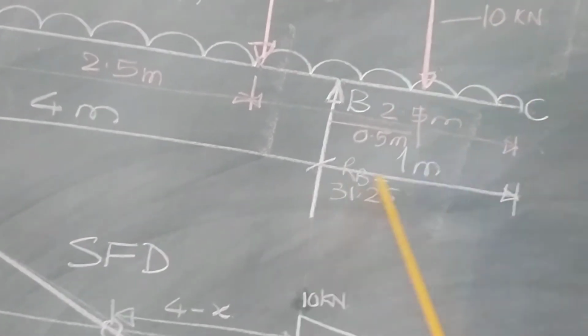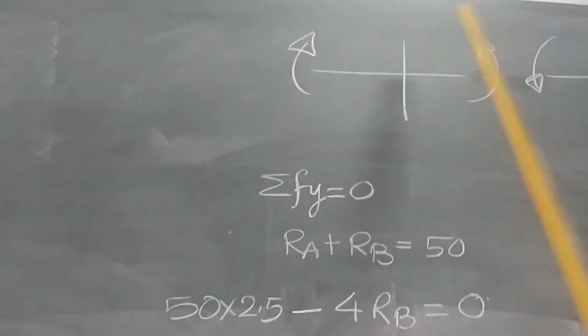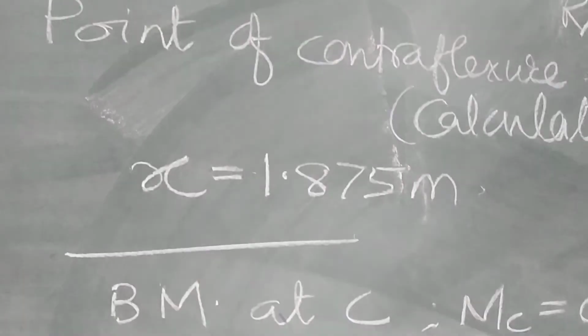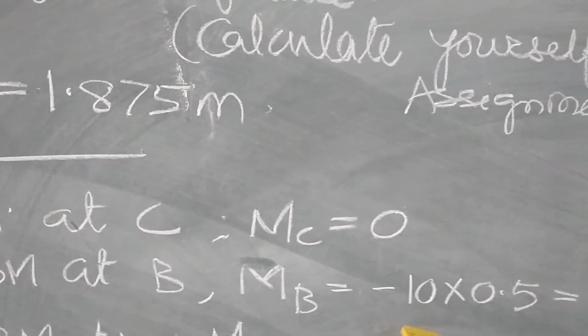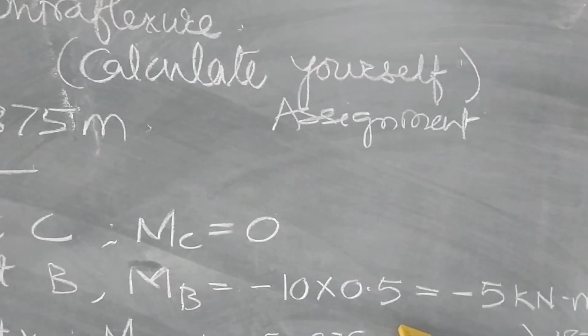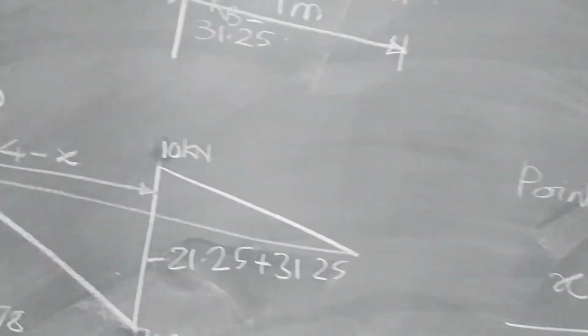It comes as clockwise. Here is the sign convention for bending moment. So at B the bending moment is equal to minus 10 into 0.5, which is equal to minus 5 kilonewton meter.